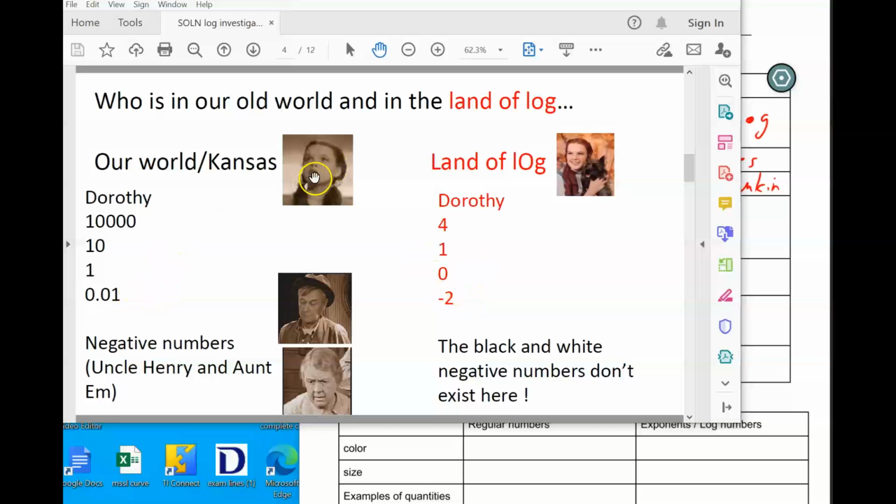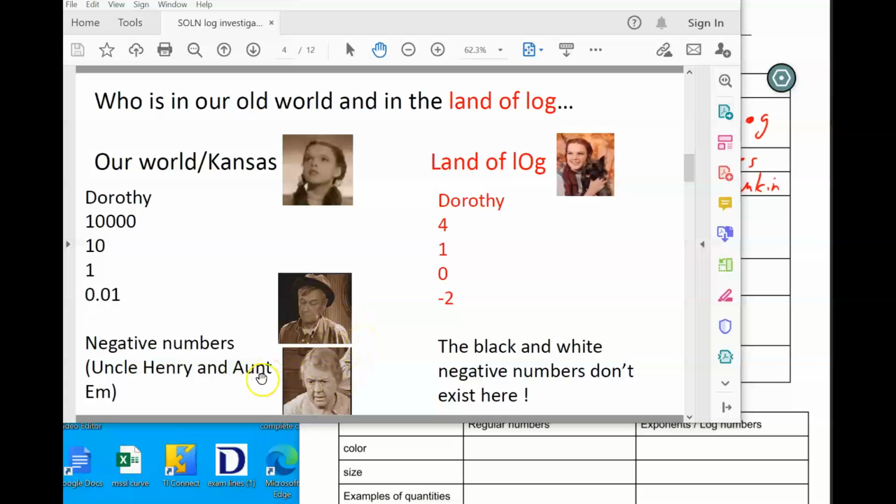So just like Dorothy is black and white in Kansas and colorful in the land of Log, but it's the same person, 10,000, 10, 1, and 0.01 in black and white in the old world are actually 4, 1, 0, negative 2 in red numbers in the land of Log. 10,000 is red 4. 10 is red 1. Okay? We're going to talk more about that in a second. Let's talk about some of the characters in Kansas who don't exist in the land of Log.